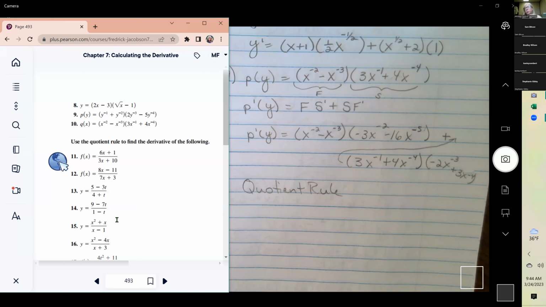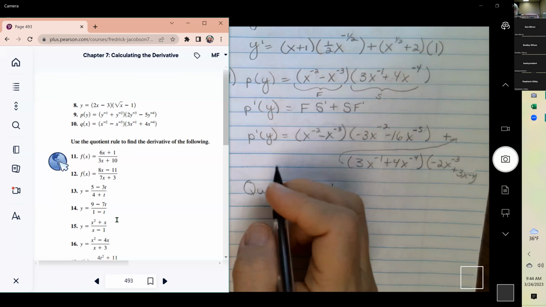And the next rule is the quotient rule. Quotient is a fraction.